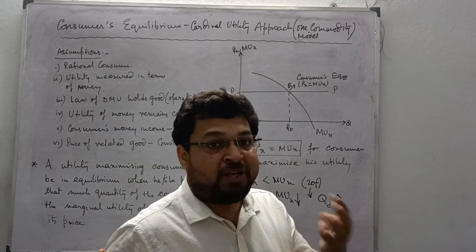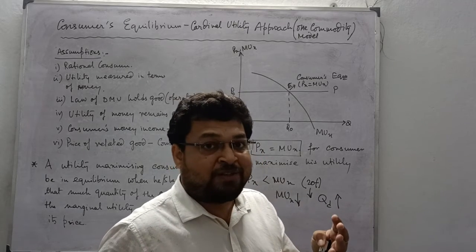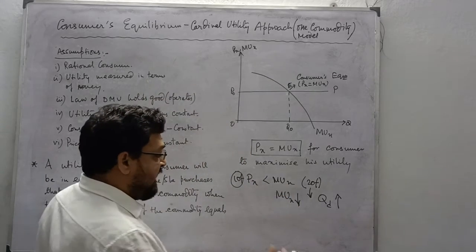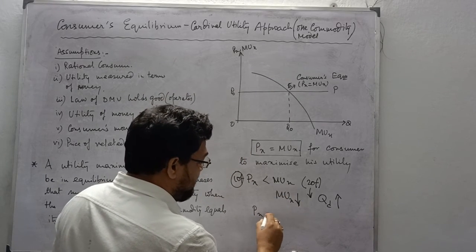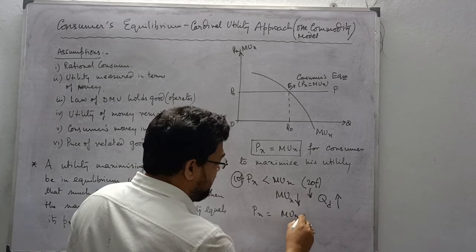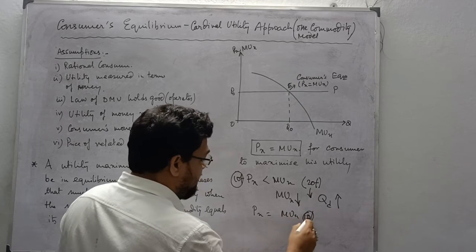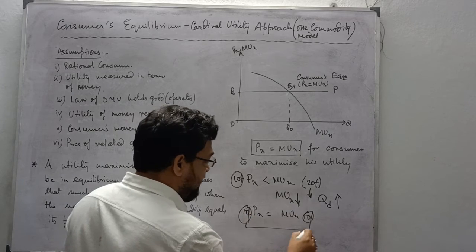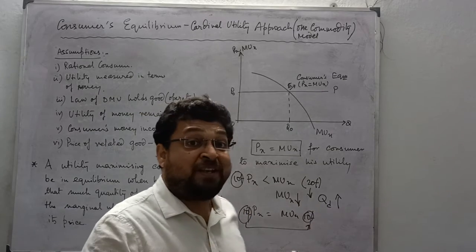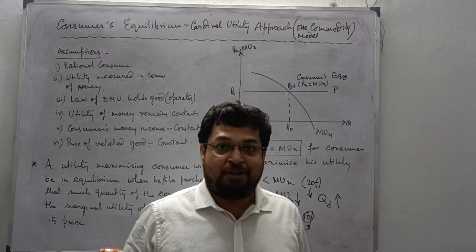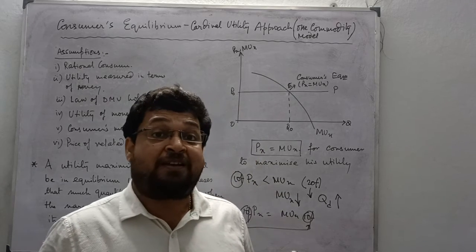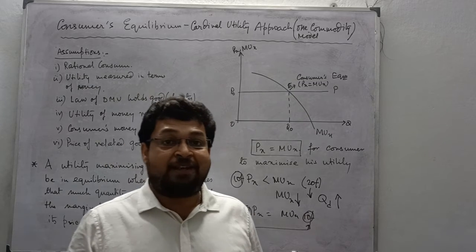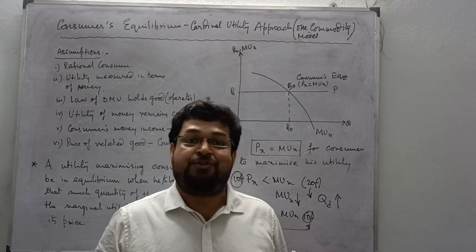The more and more units of the commodity you consume, the marginal utility decreases, and at the point where price equals marginal utility, it becomes 10, and the price is already 10. When this 10 and 10 match, those many units are consumed where the consumer attains maximum utility.